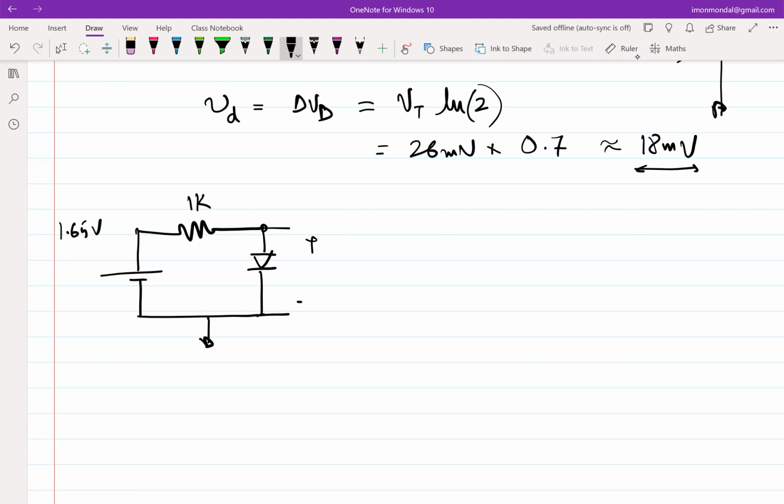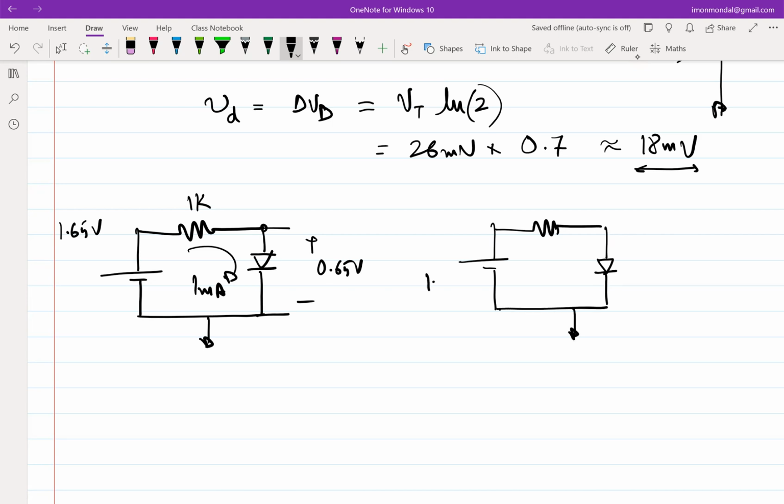So let's assume again this is 0.65 volts. So this current naturally is 1 milliamp. Now if I change this input voltage from 1.65 to 1.75, right? So now I change it to, it is the same example we took a couple of classes back.